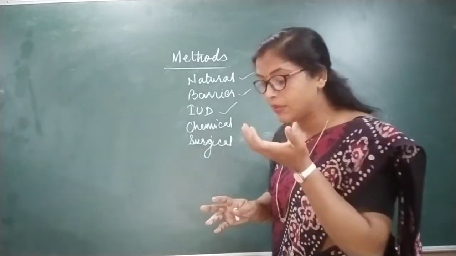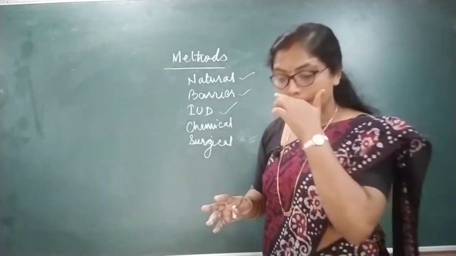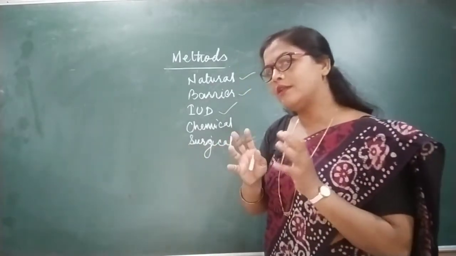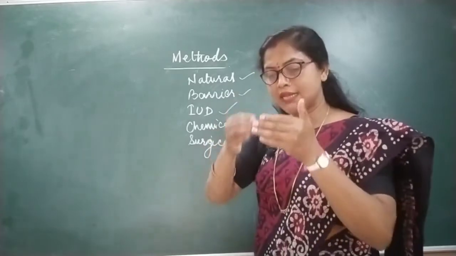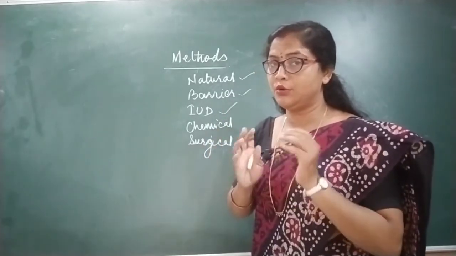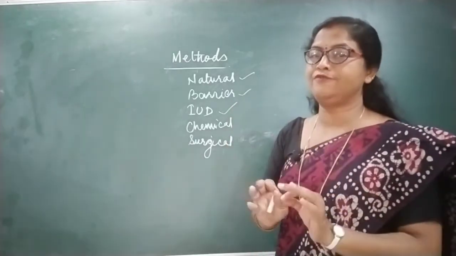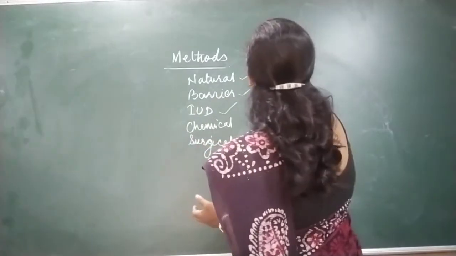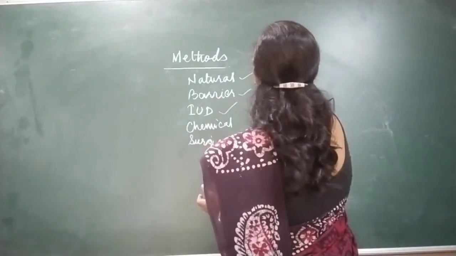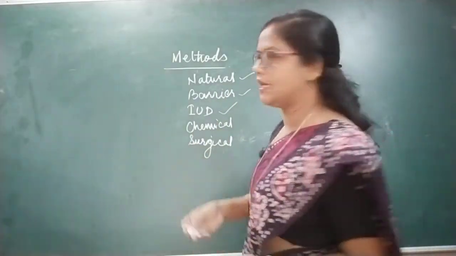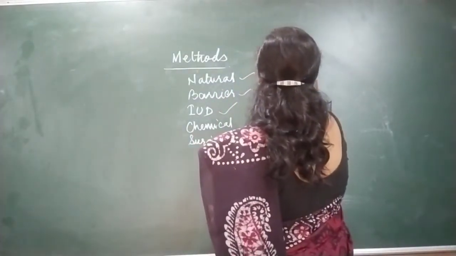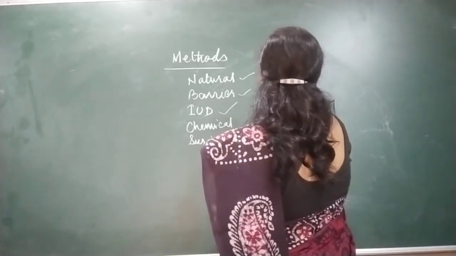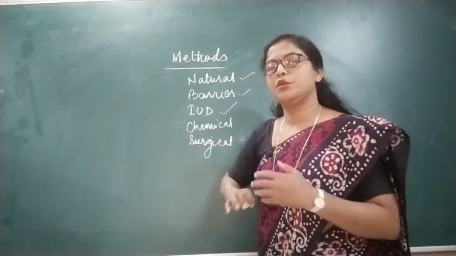It should be easily available, effective, reliable and having no side effects. So all these things must be kept in mind and confirmed. In natural method, it is easily available, it is effective, and it is reliable. At the same time, no side effects.